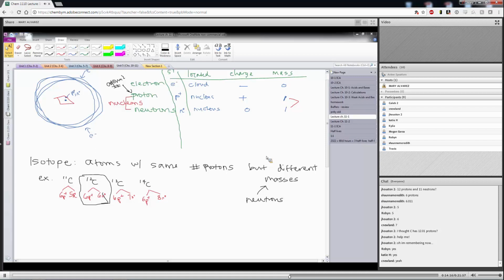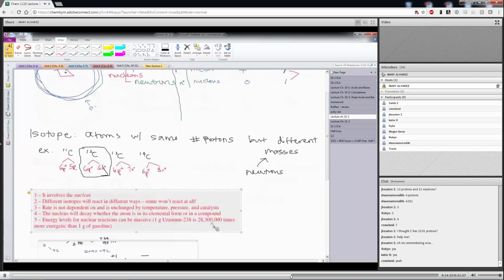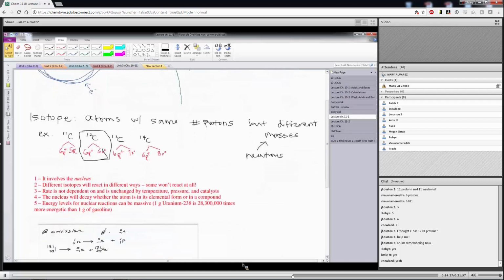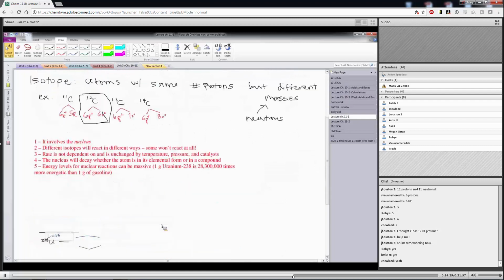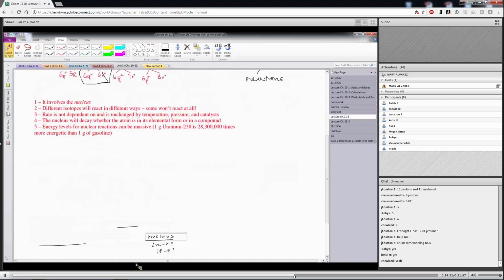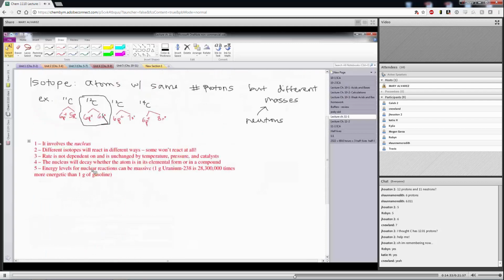Involves the nucleus. All of the other reactions that we've covered so far focus on electrons, right? The electrons on the surface of the atom, those are what's doing the reactions. That's what's different about these ones. It's everything that's going on in the nucleus.